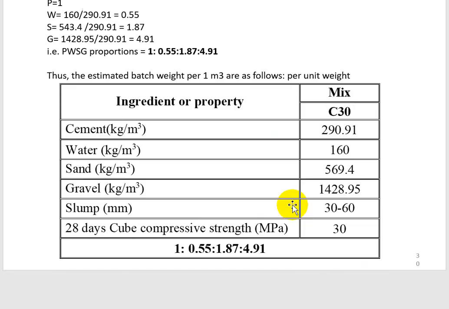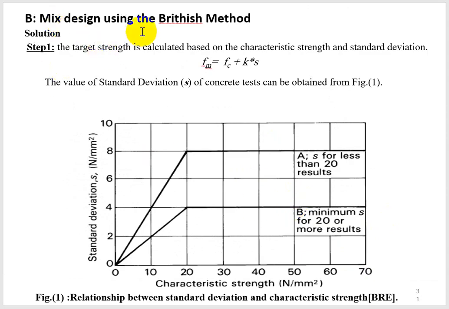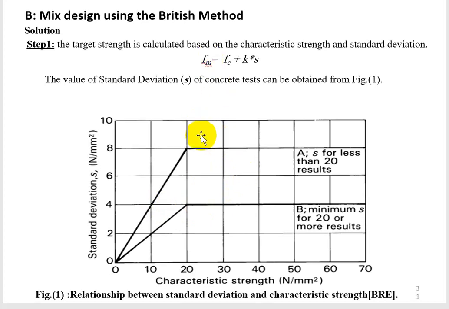So then we could use the same information and do the mix design using the British method. We follow the same steps you have used in your homeworks, and the one that we explained in the previous example. So we use the same formula.